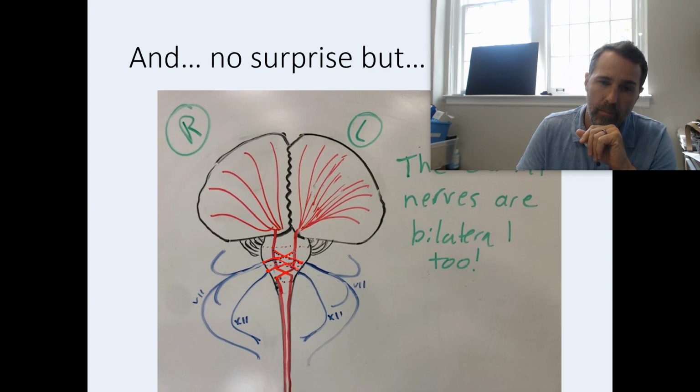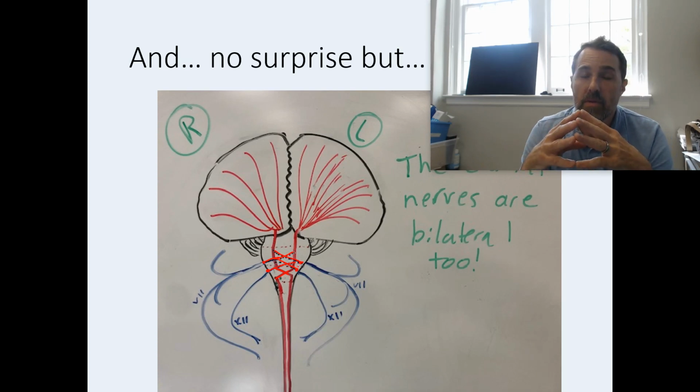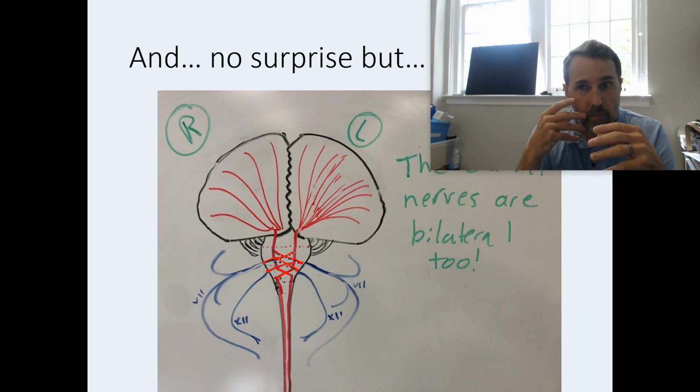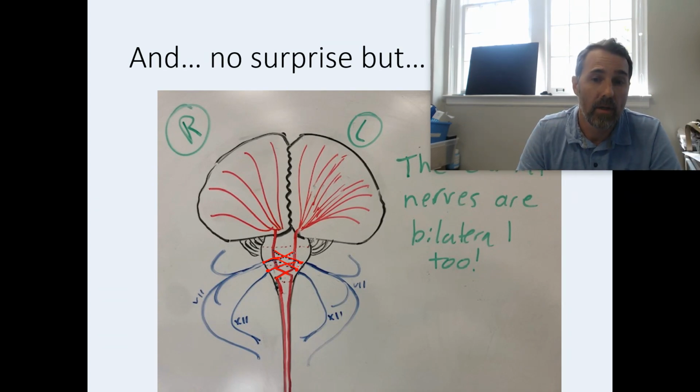Okay. So the cranial nerves are plugged in to the contralateral upper motor neurons.